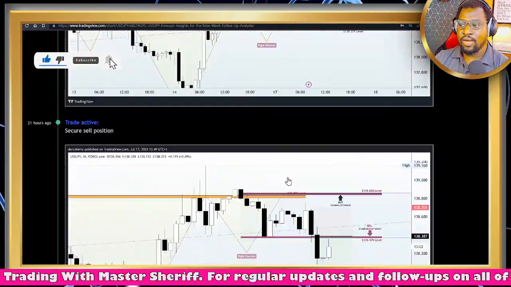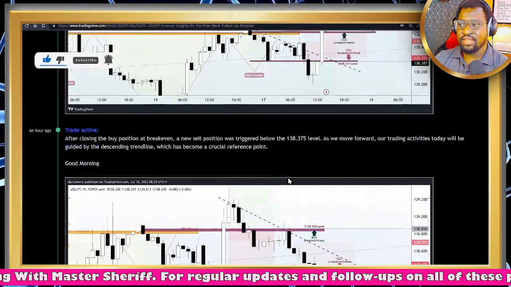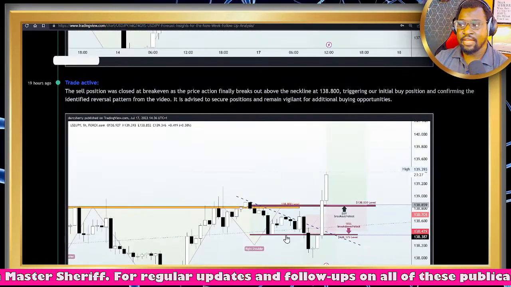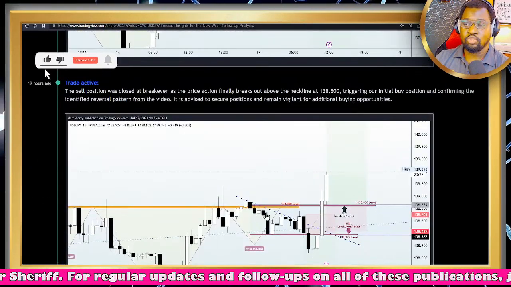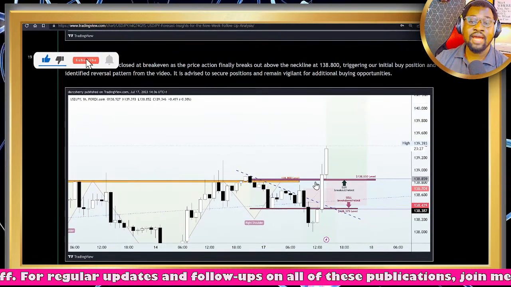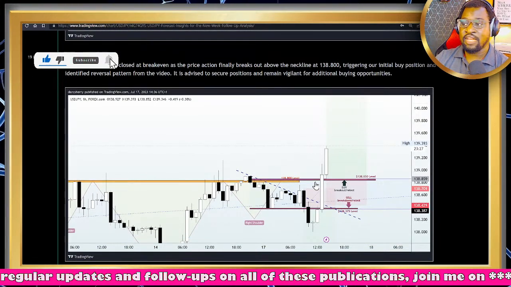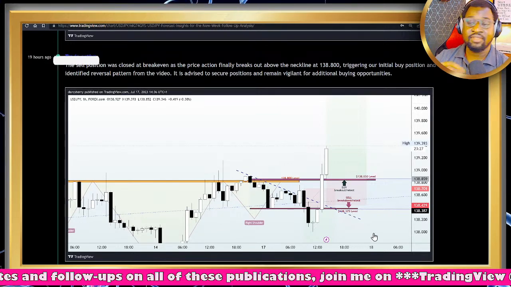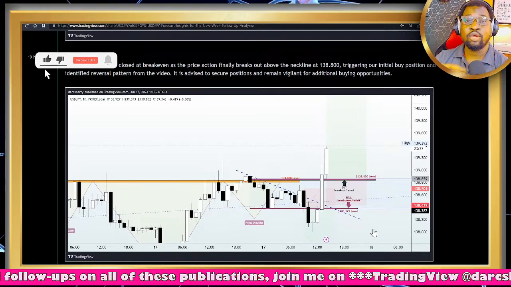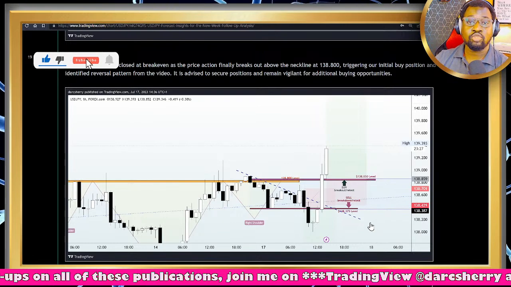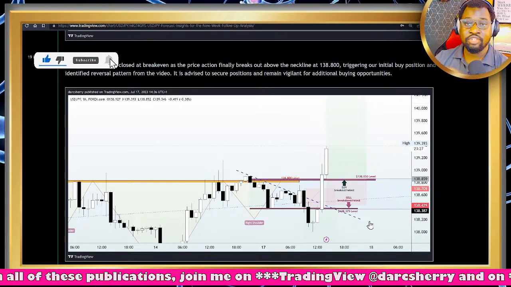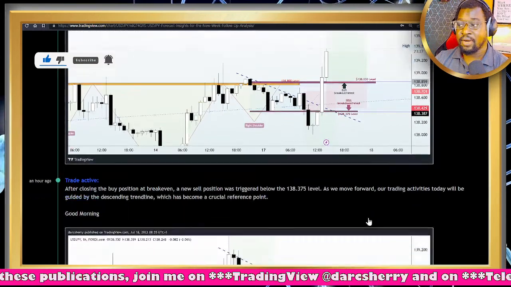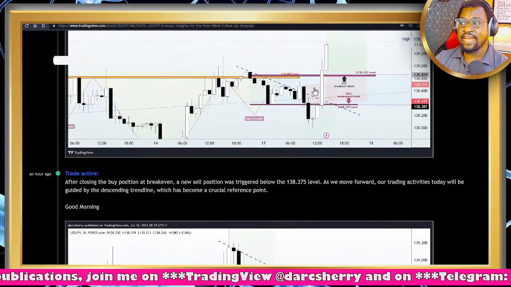So right now, I shared this commentary. Okay, yesterday we had a range. Remember, I told us all here that if a breakout happens, we have a buy stop order above that area. But if price action breaks below the 138.375, we are going to be waiting for a confirmation to happen before we join a bearish move to the downside. Remember, so this is what we had yesterday.